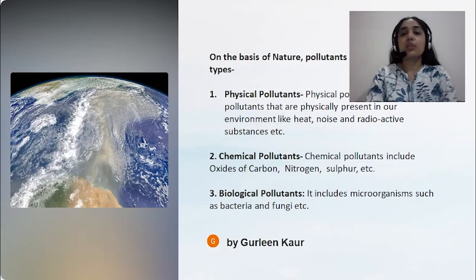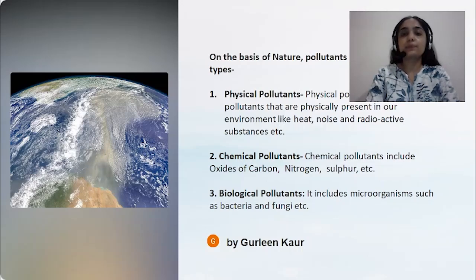Okay, now what is a physical pollutant? Physical pollutants are those pollutants that are typically present in our environment like heat, noise, and radioactive substances, which means all those pollutants which we can feel, like heat, noise, radioactive, are known as physical pollutants.